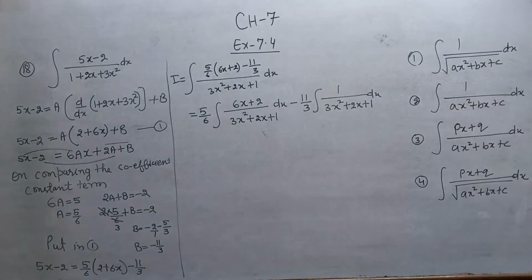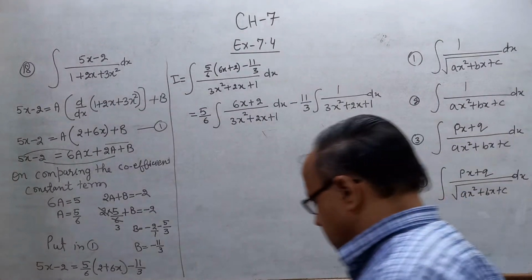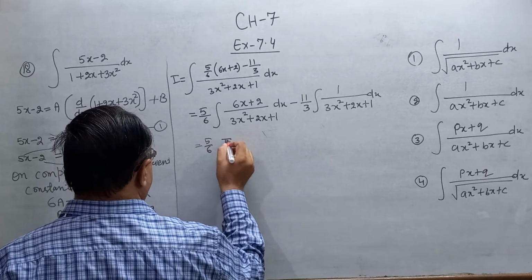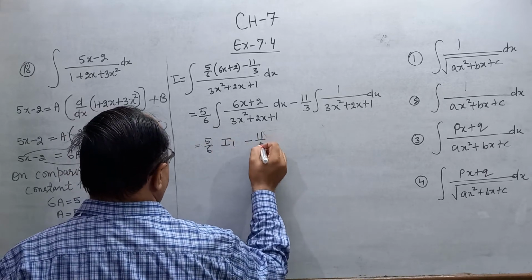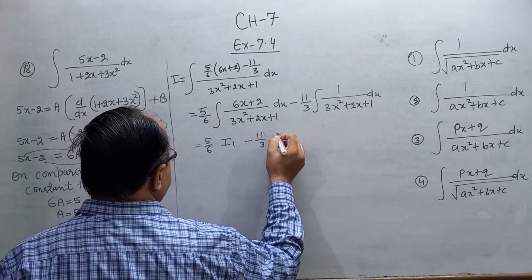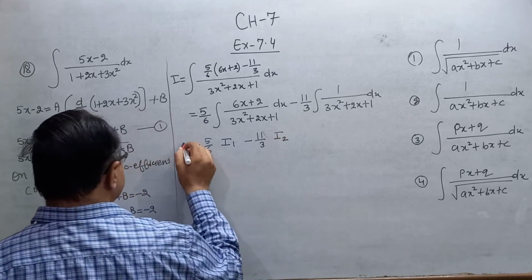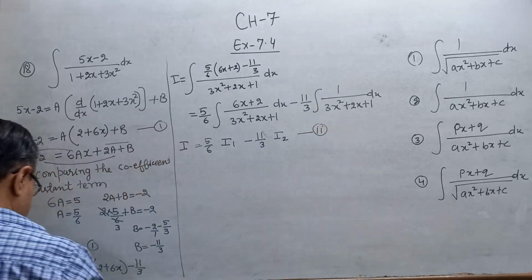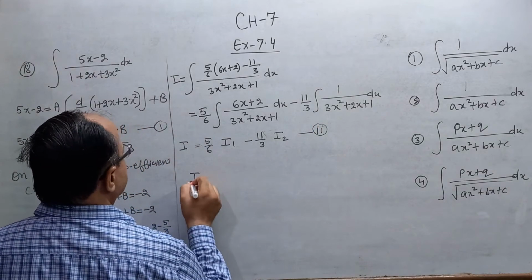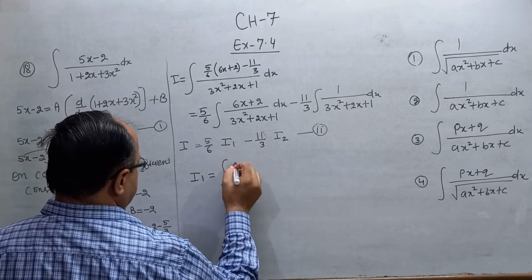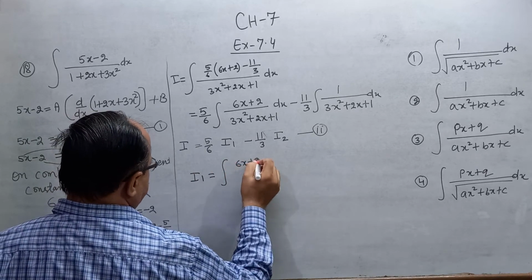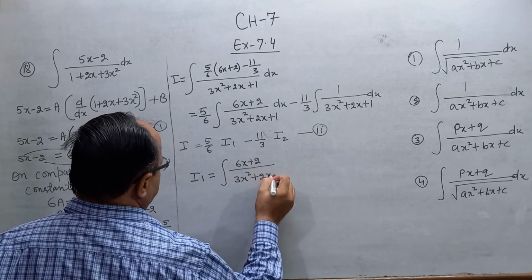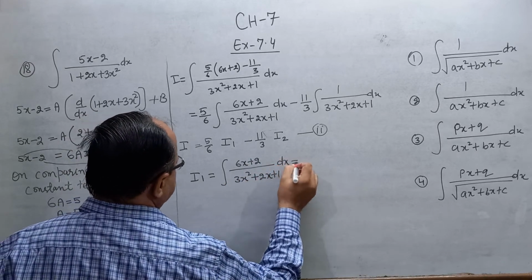Clear? Let this be I1 and let this be I2. This is equation number 2. Now firstly solve the first part I1: integration 6x plus 2 divided by 3x square plus 2x plus 1 dx.